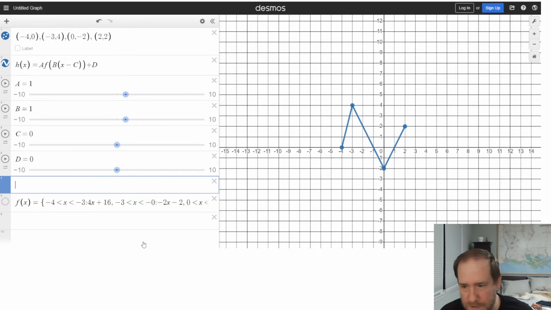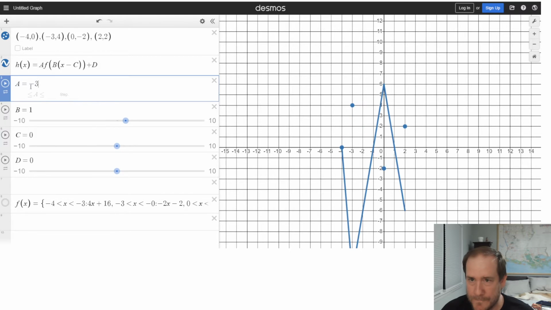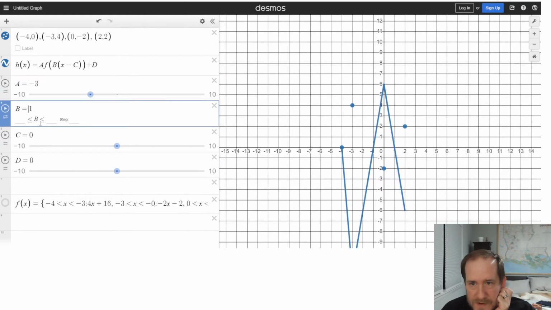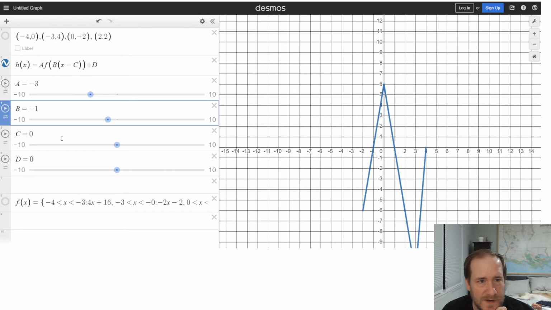We're working on the one that says negative 3 f of negative x. So okay, that means my a wants to be negative 3, and my b wants to be negative 1, right? Alright, so I'm only bothering to do this because now I know exactly how big of a grid I need.